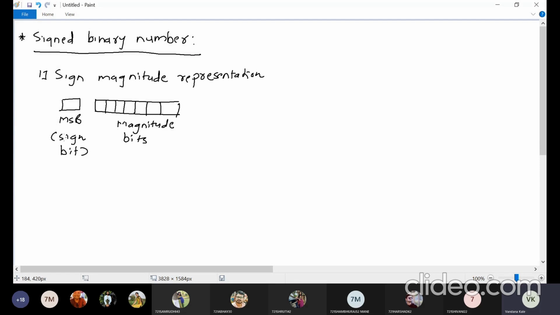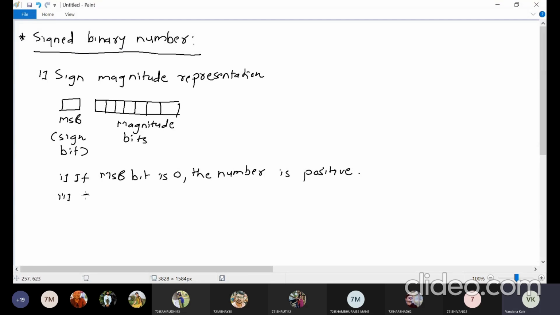Now, if the MSB bit is 0, the number is positive.